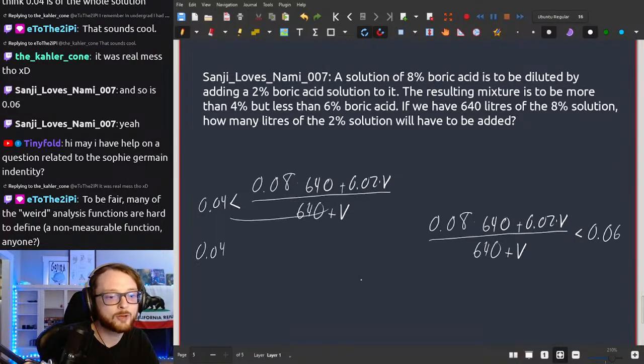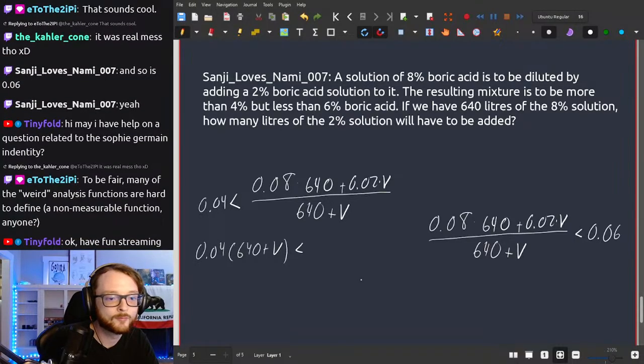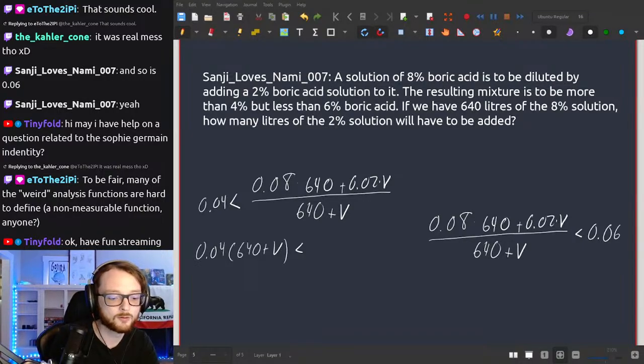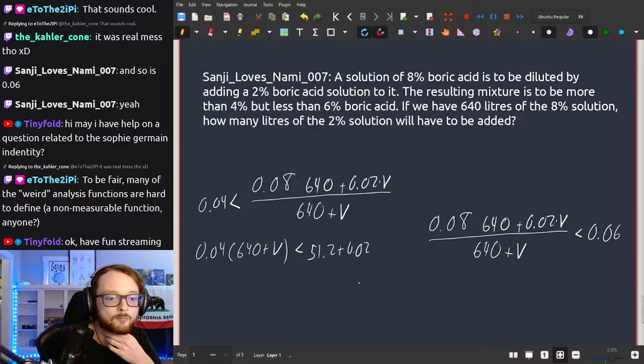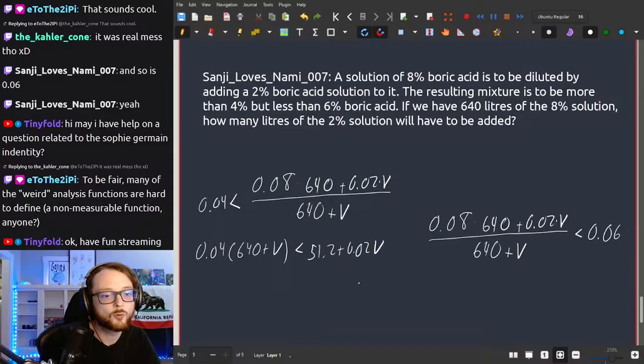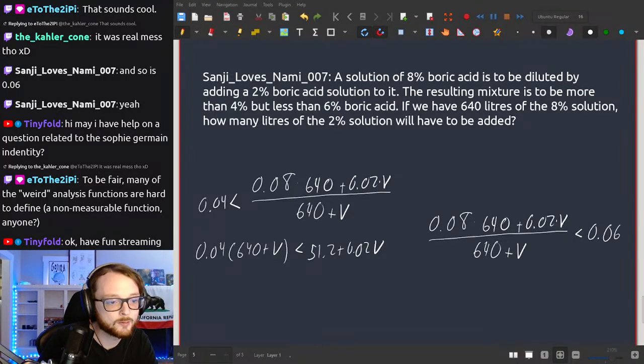Okay, so to solve this inequality, I'm going to multiply each side by 640 plus V to get rid of the fraction. Thank you, Tinyfold. Sorry that I can't help. I'm going to use a calculator to do 0.08 times 640. That's 51.2. Now I'm going to distribute the 0.04. 0.04 times 640, I should just know that mentally, but I feel lazy. 25.6.